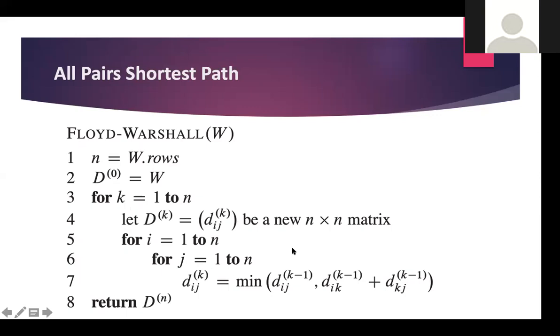So each iteration depends on the values that you computed in the previous iteration, but you know exactly how to start off the whole process by writing down what happens in dij0, which is simply given by the weight of the edge that may be present from i to j.